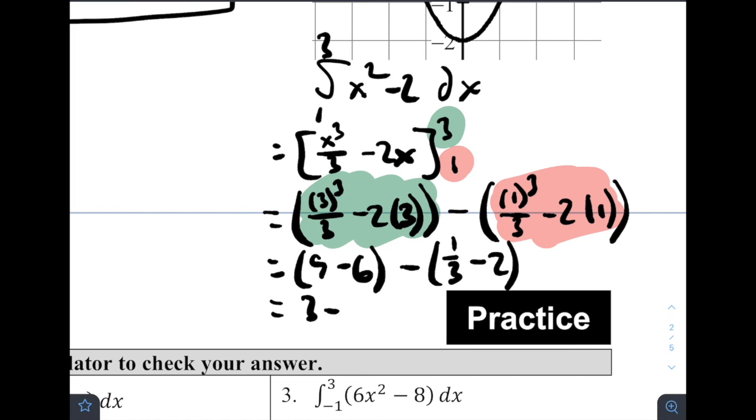So negative 5 over 3 is plus 5 over 3. Yeah, that is going to be plus 5 over 3. And so then that's going to be, what, 14 over 3?